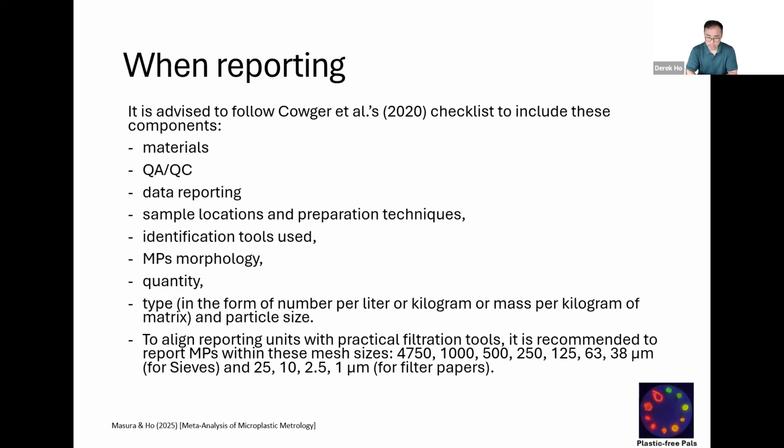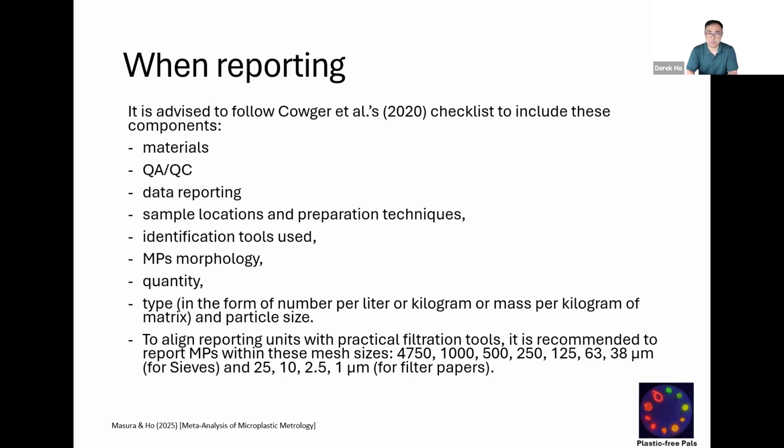Lastly, when you're reporting your data, we actually advise you to use the Koelmans et al. checklist. He's a great guy, and he's done a lot of comprehensive work on this. A few things to include are the materials, your QA/QC protocol, how you report your data, where you sampled these plastics, which includes the depth, preparation techniques, identification tools used, the morphology of the plastic, the quantity, the type, and to align it with other data, we should try to use more standardized measures.